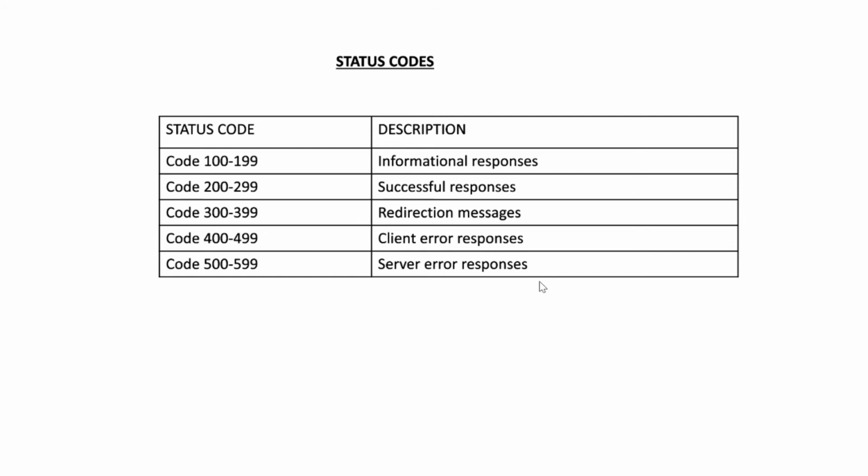Then we have the codes which start with 4. Those ones, you know the issue is on your side. Check your syntax. And then the code 500, it's not you, it's something going wrong on the server side. Okay, if we are good with it, we are ready to go through some examples in Postman.